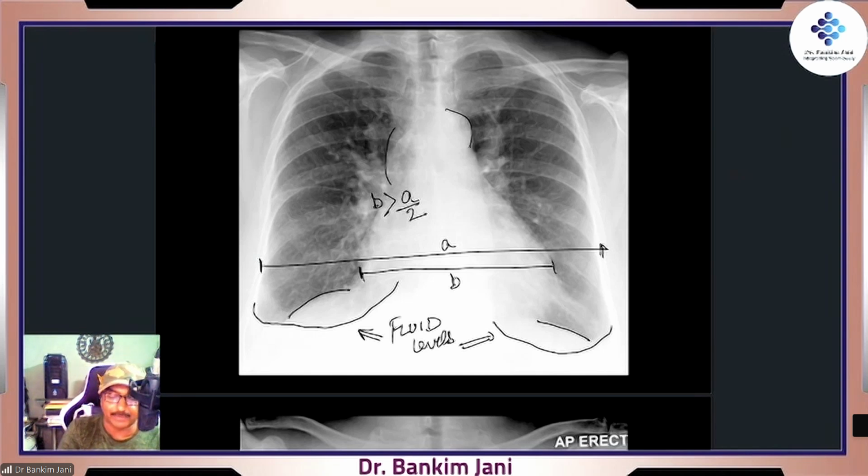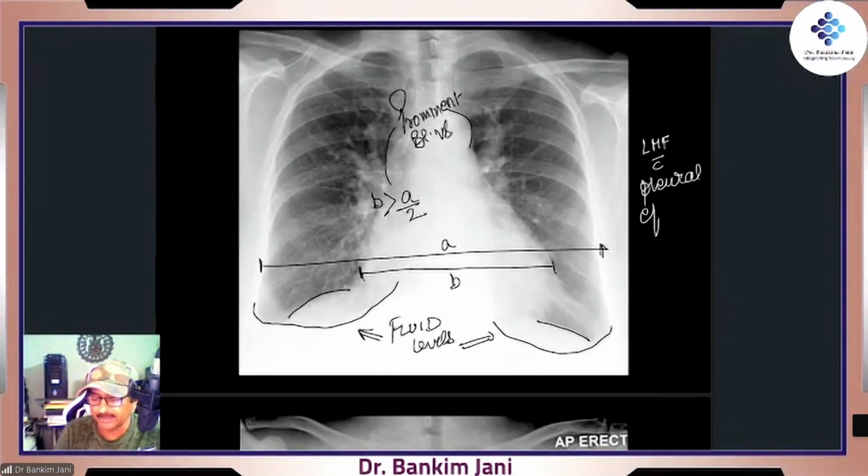Even these big vessels are prominent blood vessels. They should be prominent because of the back pressure. So that's why this is a classical case of left heart failure with pleural effusion. That's right.